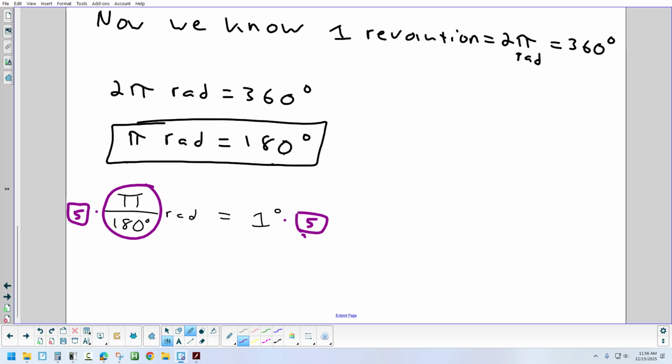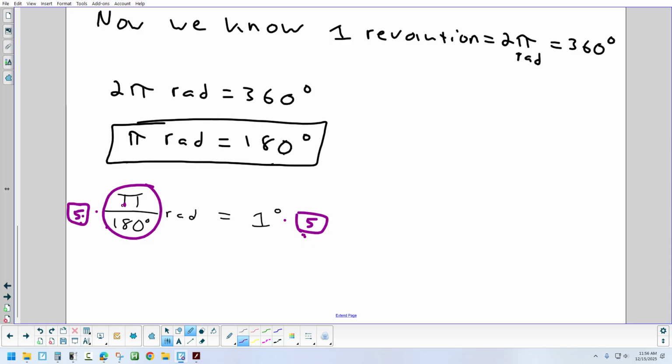This is what's important. Whenever you're trying to convert from a degree to a radian, you multiply what you're trying to convert by pi, and you divide by 180. Those are the 2 steps to convert from degrees to radians.